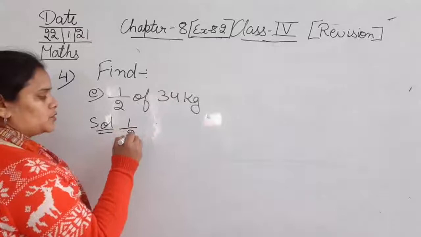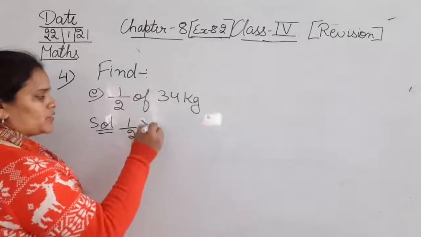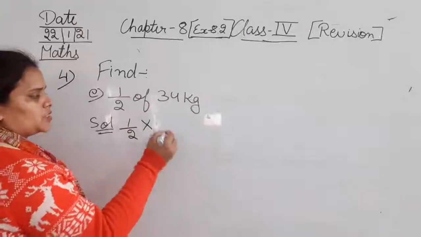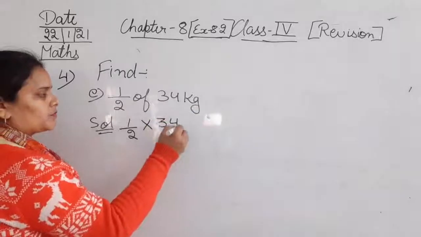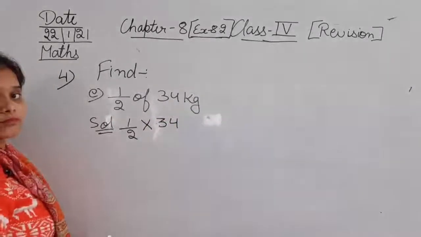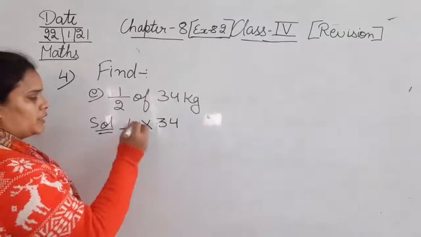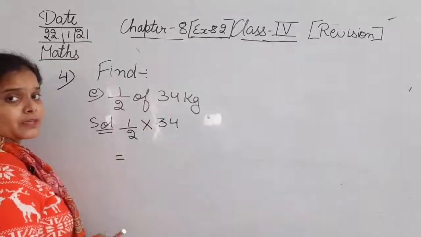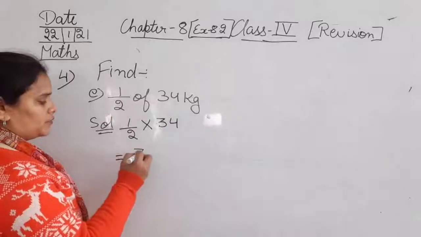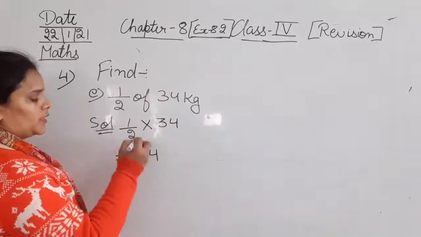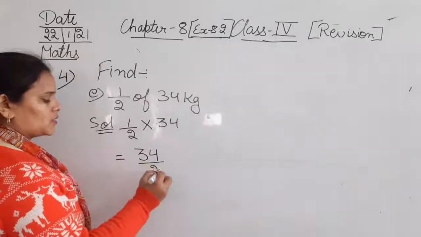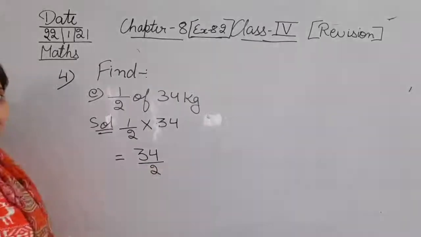Half, that is 1 upon 2 of will change to sign of multiplication, 34 kg, that is 34. 1 upon 2 of 34. So 1 multiplied by 34 is 34. Denominator is 2. 34 upon 2.